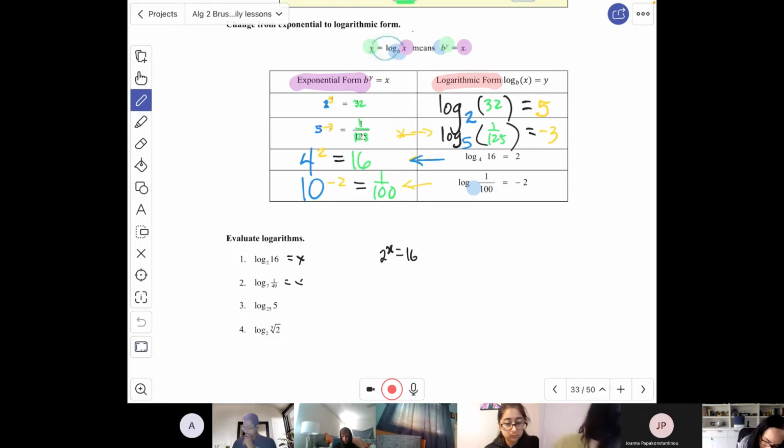We're technically just setting each of these equal to x, and then rewriting it in exponential form.